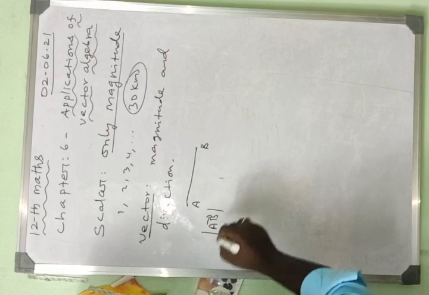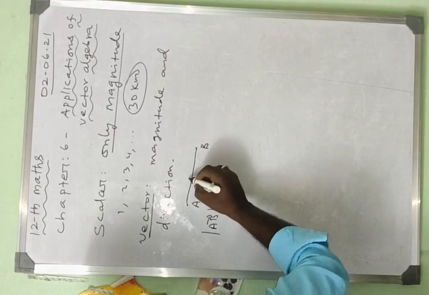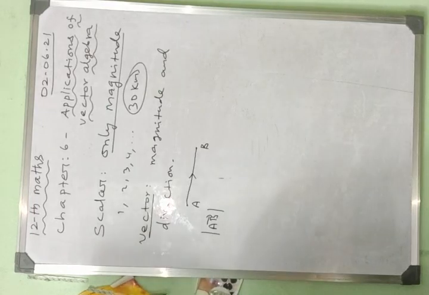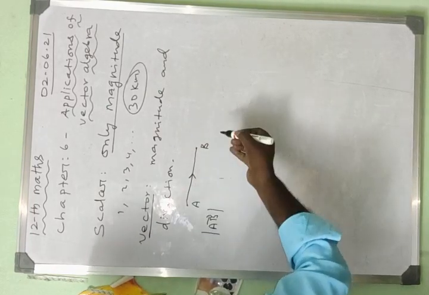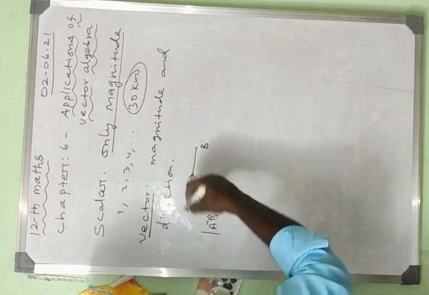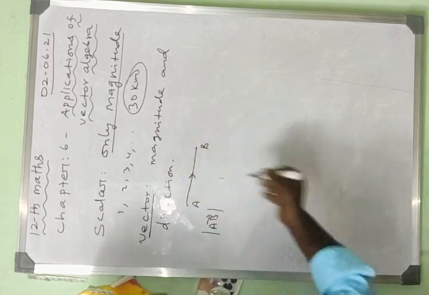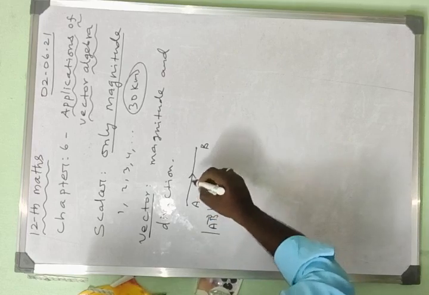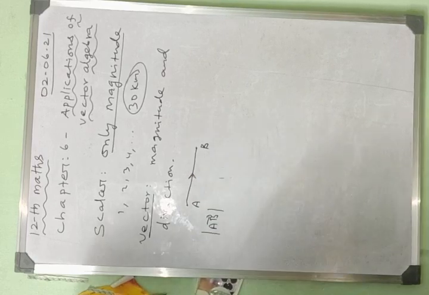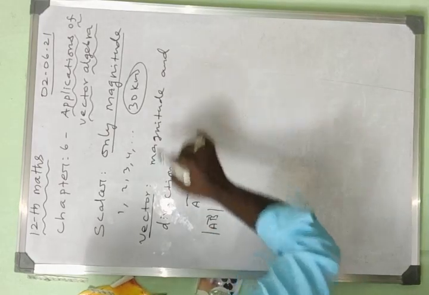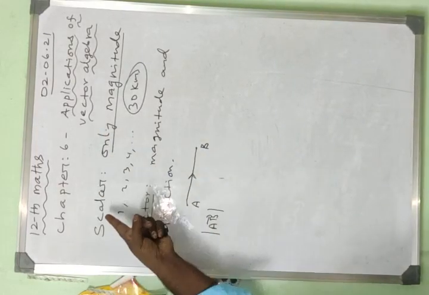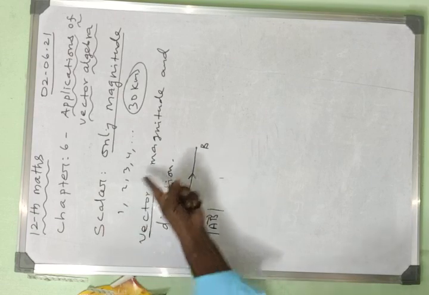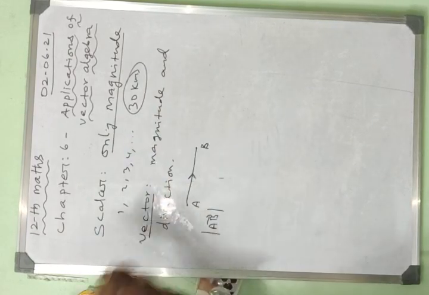Here length and direction also give means that is vector. This is the direction from east to north, east to west, north to south. That like have means that is direction. So magnitude and direction have means that is vector. Only magnitude means that is scalar.